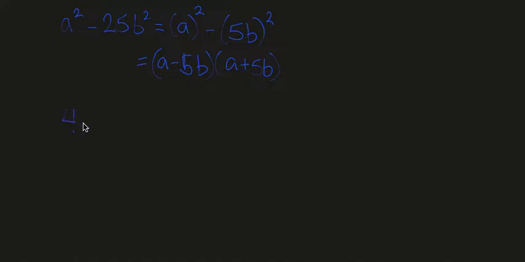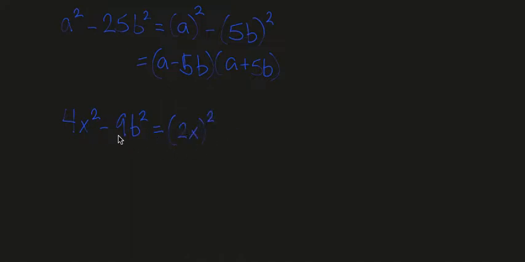Next we have 4x squared minus 9b squared. The term that multiplies by itself to get 4x squared will be 2x.